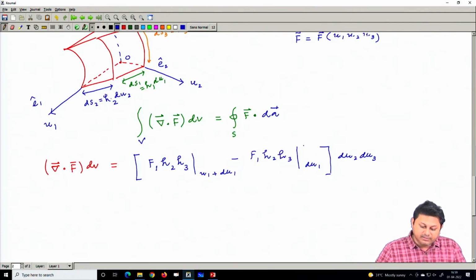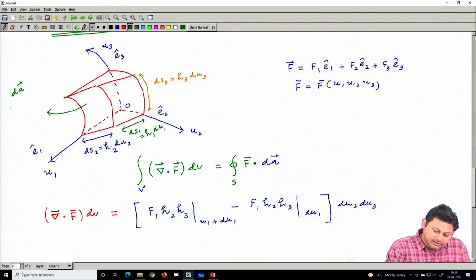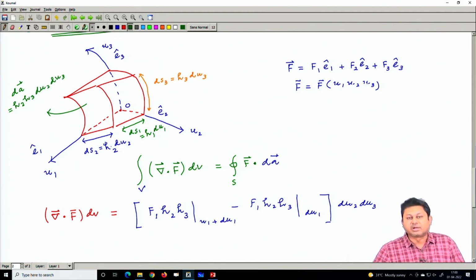So, what is the surface element here for this particular surface? I am just showing one. So, the surface element dA, and that should be the vector sign, and this value is simply h2 h3 du2 du3.